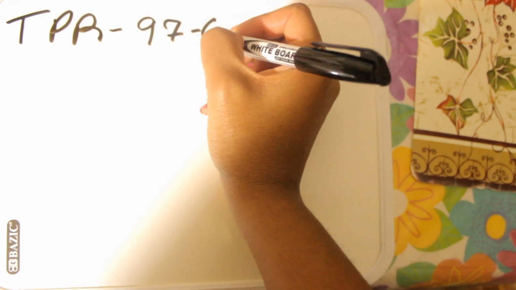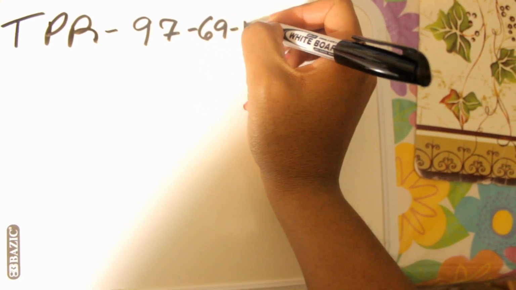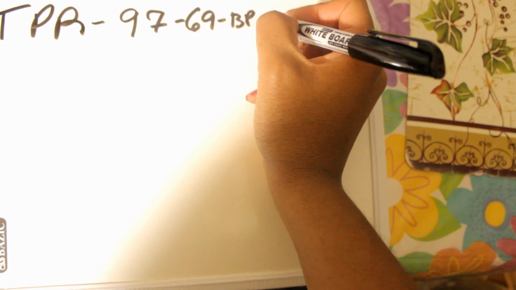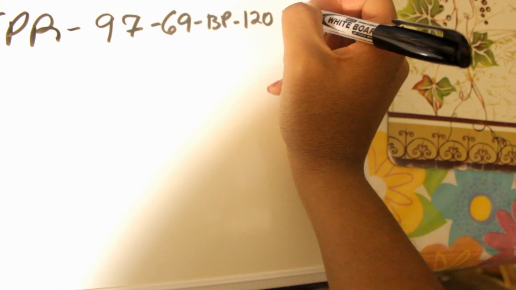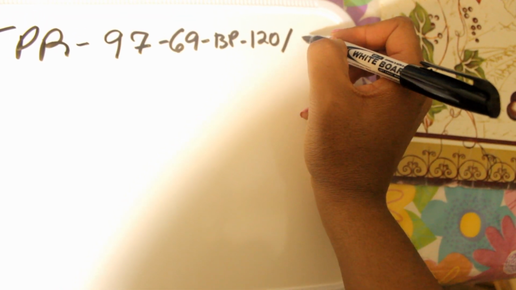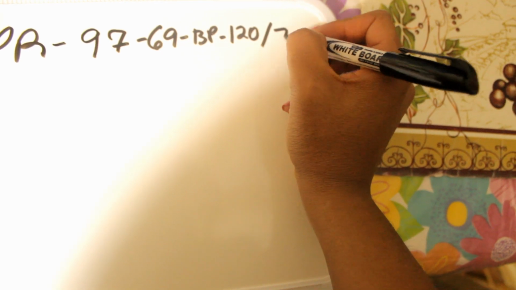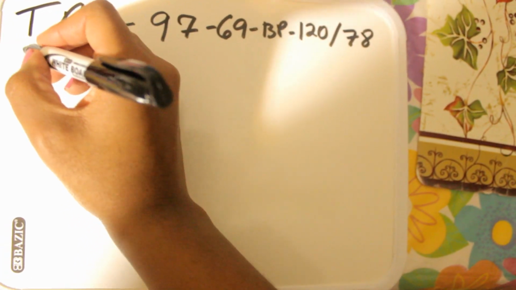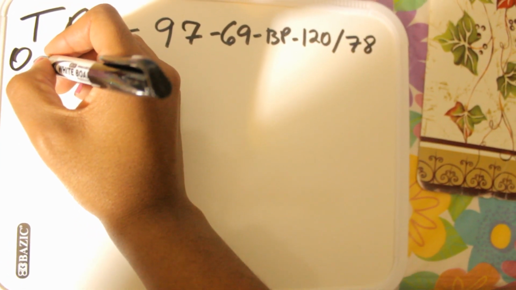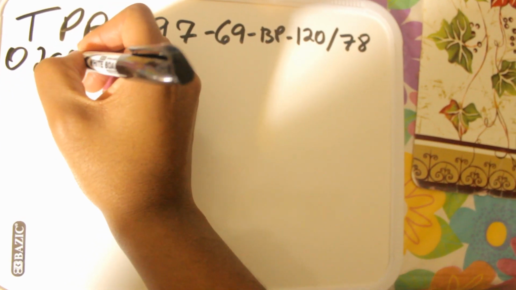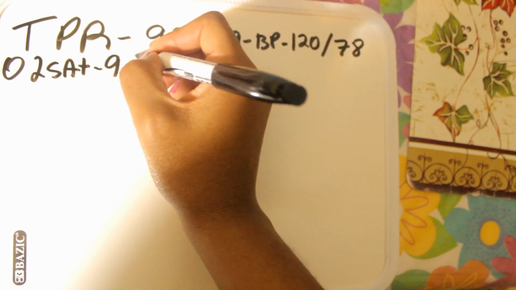97, 69, BP 120 over 78, and then O2 sat is 96%.